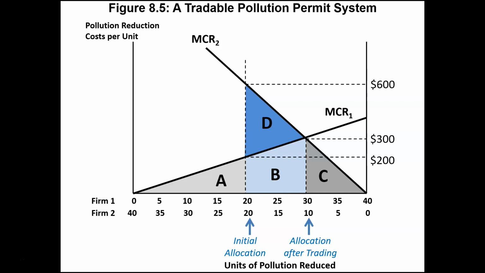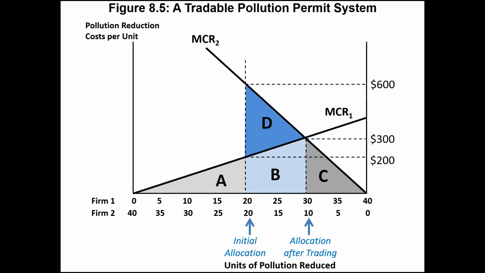And we know that the optimal allocation is where the two marginal costs cross, because anything to the left of that shows that firm two would be willing to pay firm one for some of those permits a price higher than what it costs firm one to clean up more pollution.